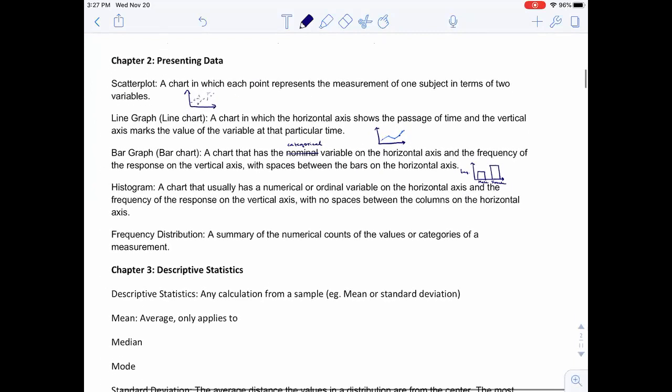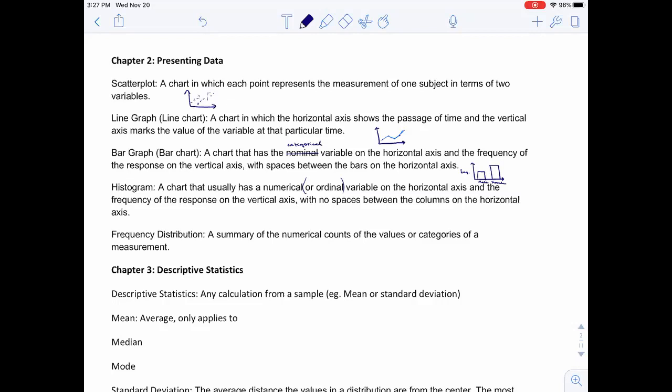A histogram has a numerical variable, or ordinal in brackets, but I want you to focus on the numerical variable on the horizontal axis. Again, it has the frequency, and it lets us see the distribution of that numerical variable.